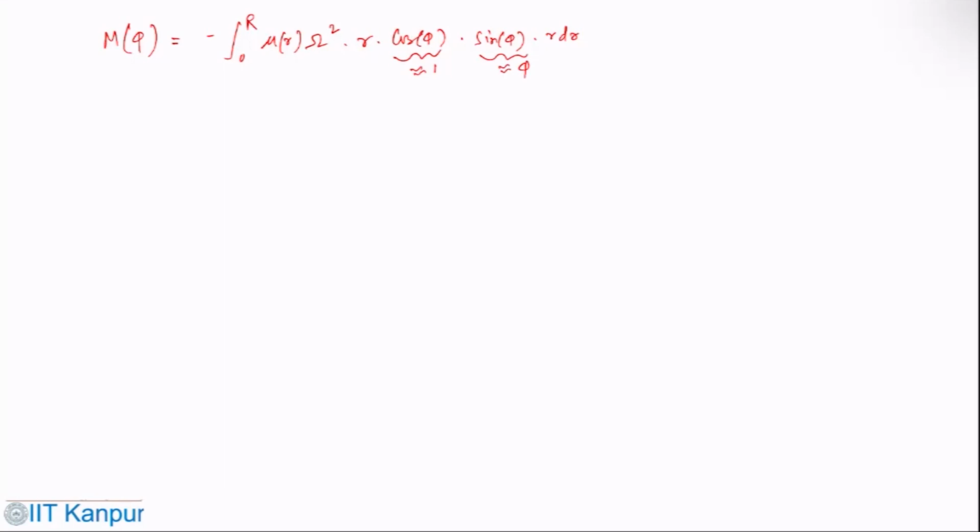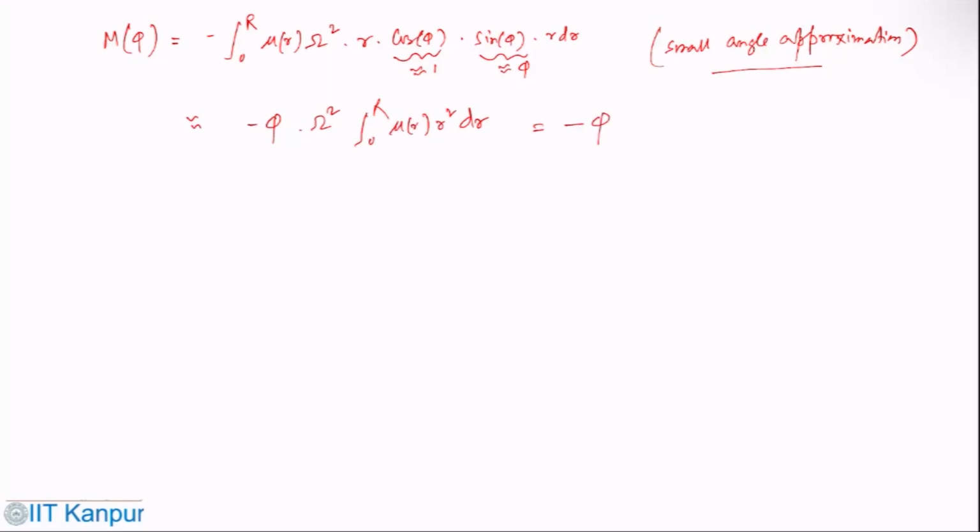That comes from the small angle approximation. From there we can write this kind of situation. So what we have then is minus phi omega square integral from 0 to R of r square dr, which is minus phi omega square I.